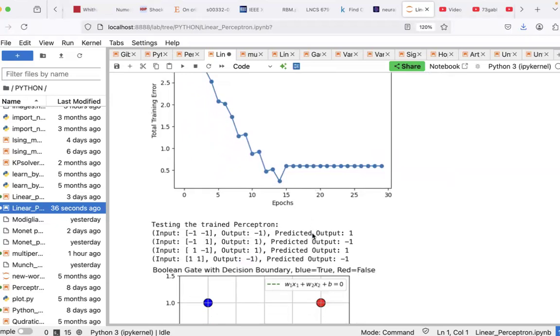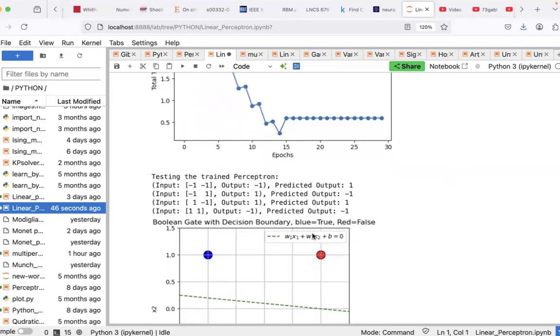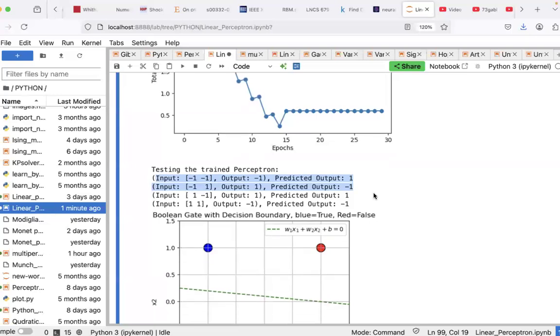And when we test the trained perceptron with the converged weights and bias, you see that the predicted output does not match the data for these two values here. And why?